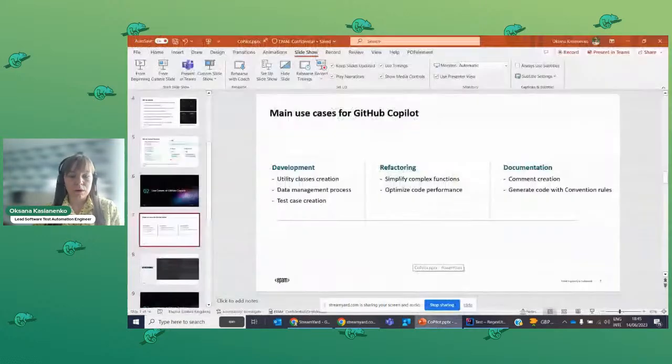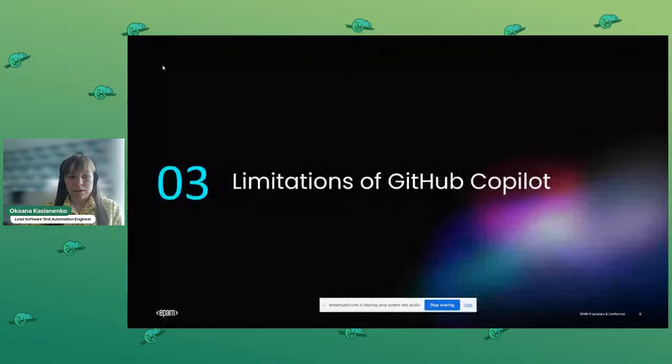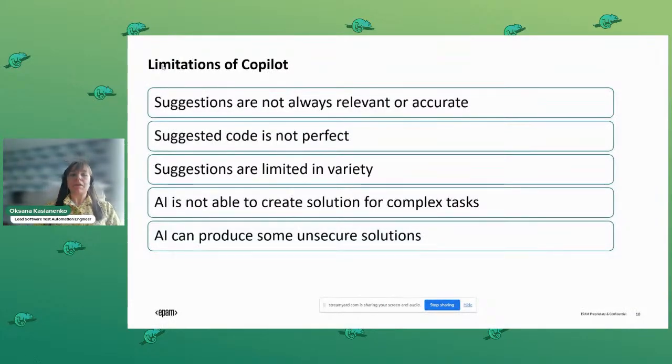Let's move to our presentation and continue and speak about a bit of the limitations of Copilot. As I showed you previously, GitHub Copilot can not always generate very relevant, accurate, perfect code.